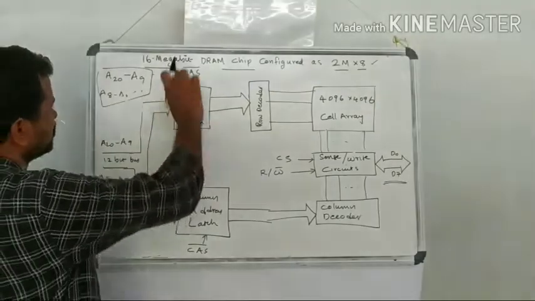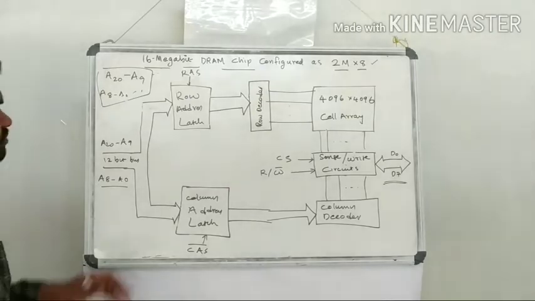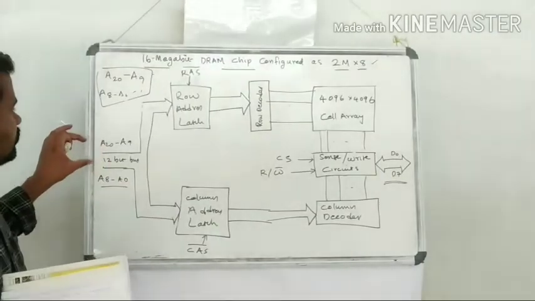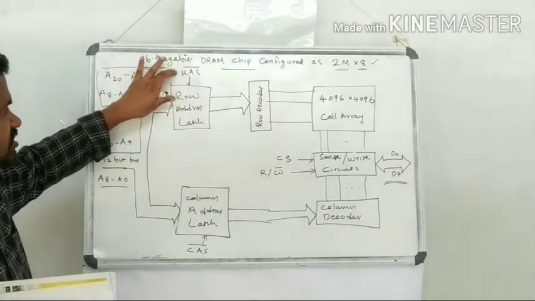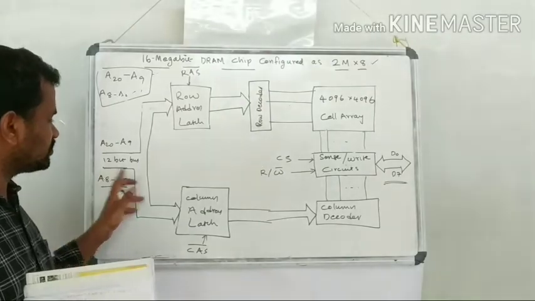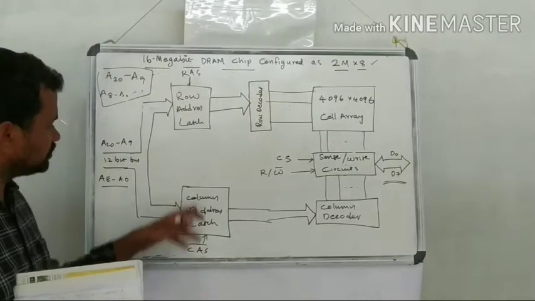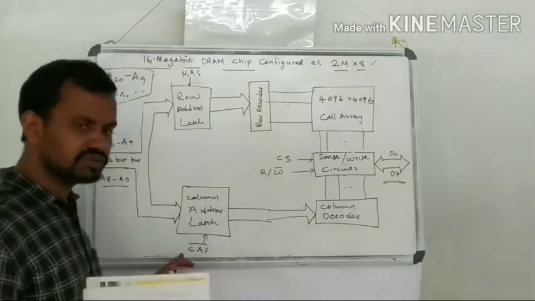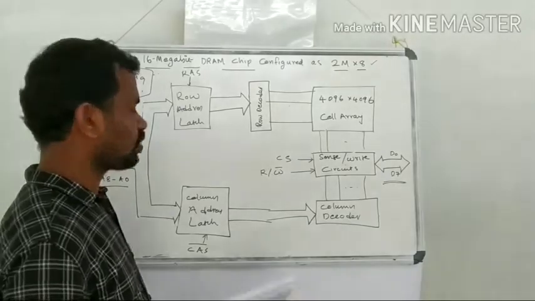For transferring both the row address and column address, we will use the same bus. That is why we are calling it multiplexing. First the row address is sent, that will be stopped by the row address stop control signal into the row address latch, and then the column address is transferred. That will be captured into this column address latch by using this control signal CAS, or column address stop.